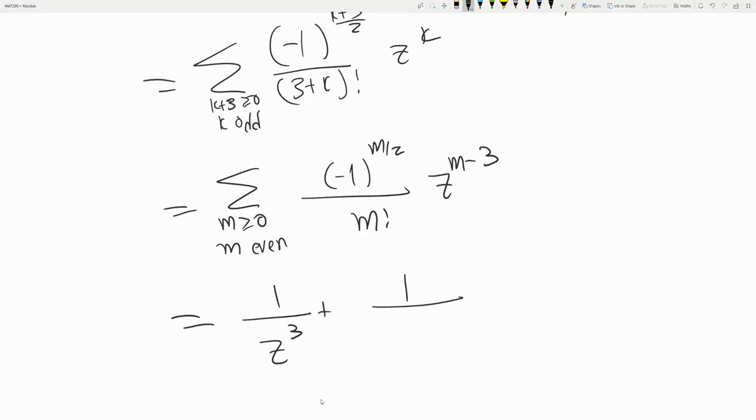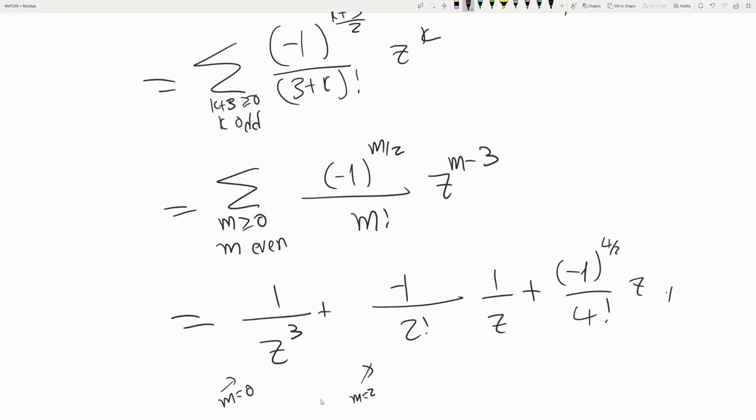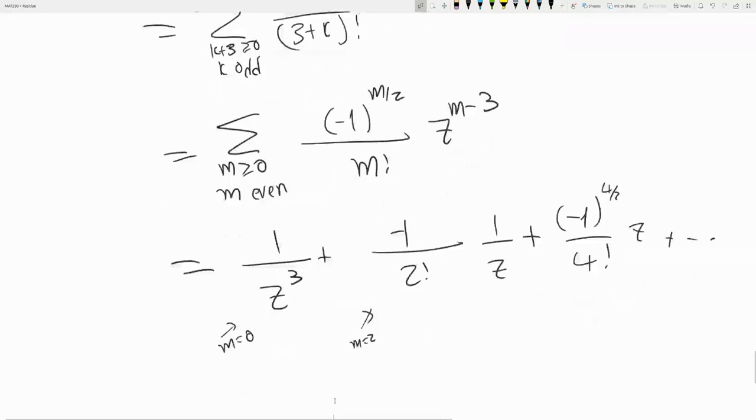If you put m equal to 2, which is the next even number, you get minus 1, 2 factorial, and then 1 over z. And then it becomes constant.